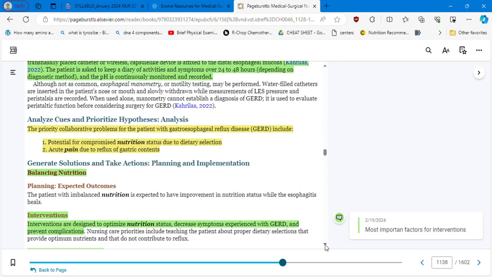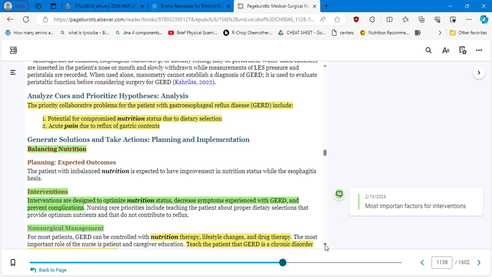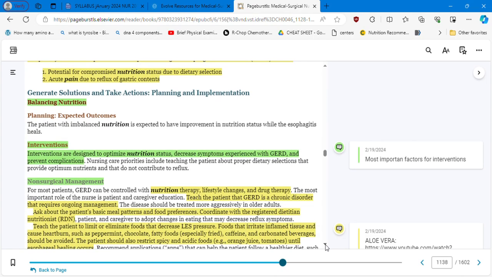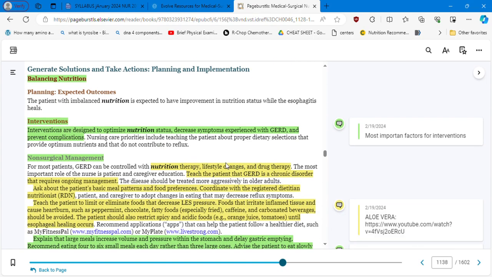Now, the factors we need to worry about are the potential for compromised nutrition status due to dietary selection. That's why the diet is causing GERD. And then the acute pain due to reflux of gastric contents. So what are we going to do to balance nutrition?